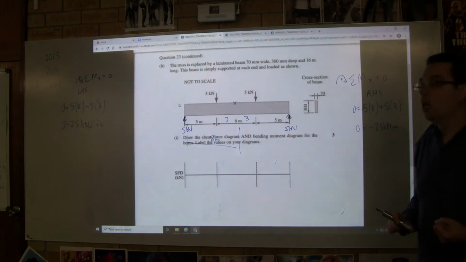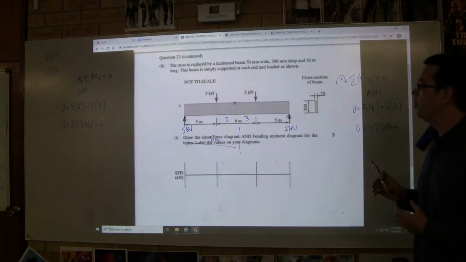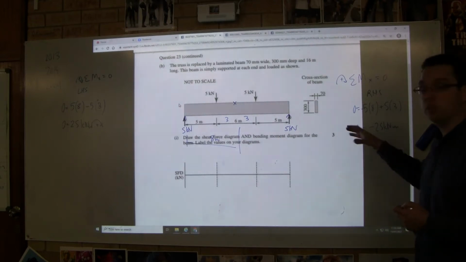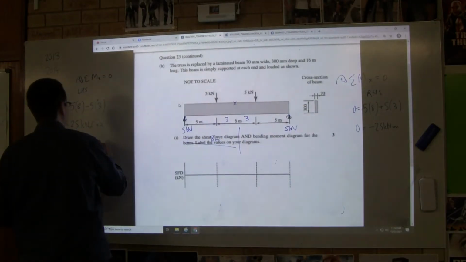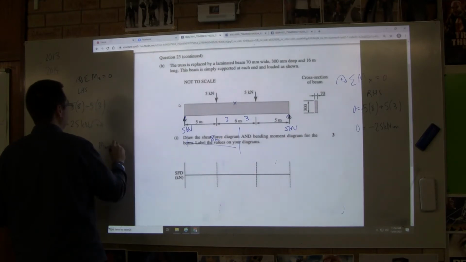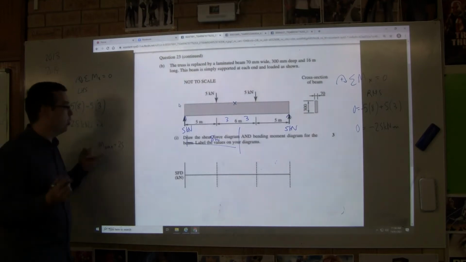Now, that's enough for us to probably solve this question, but what we're going to look at is that it says draw a shear force diagram and a bending moment diagram for those values. So what they want us to do is to find the maximum bending moment. Remember, bending moments are measured in Newton millimeters or Newton meters.